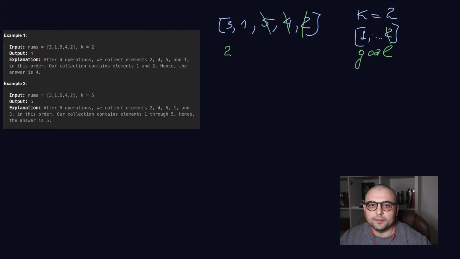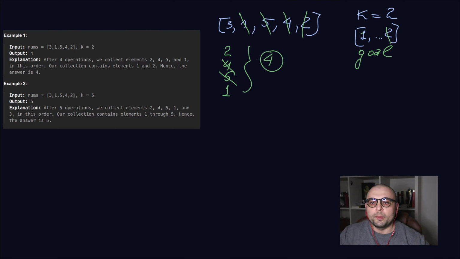We have 5, not on our list, don't care. We have 1, and 1 is fulfilled. So we have 2, 4, 5, and 1. We do not care about this, but we need 1 and 2. So the output will be 4.